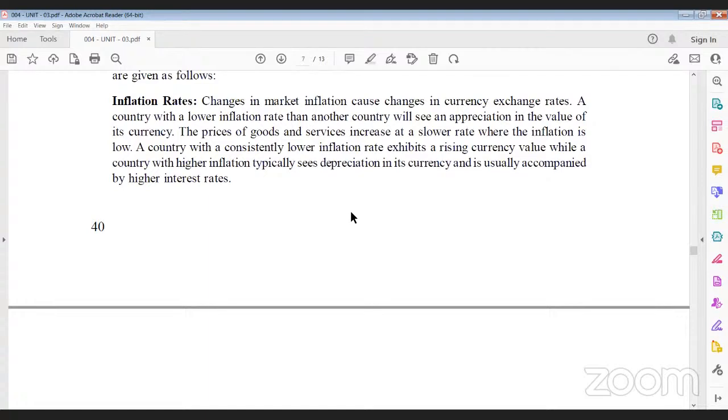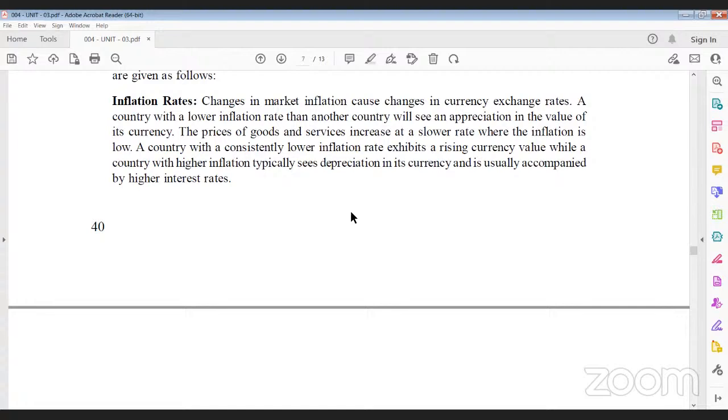What is the inflation rate? A country with a lower inflation rate than another country will see appreciation in the value of its currency. Where inflation is low, the price of goods and services increases at a very gradual rate, whereas when inflation is high, it increases at a very high speed.